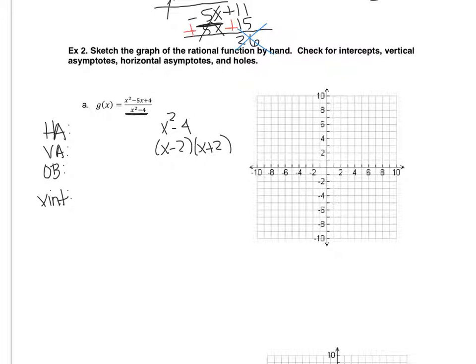So I actually have two vertical asymptotes at x equals 2 and x equals negative 2. So if I put those on my graph, I'm going to go ahead and graph my two vertical asymptotes. There's x equals negative 2, and there is x equals 2.